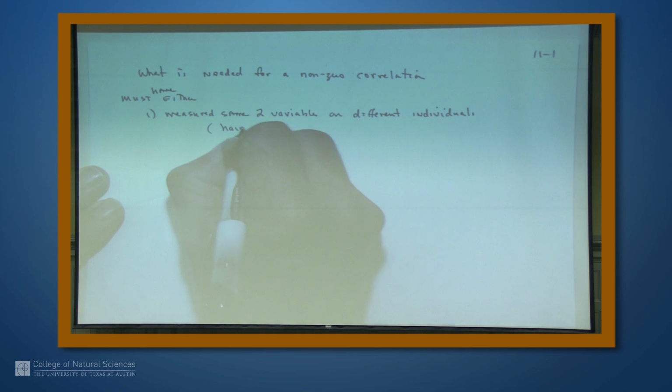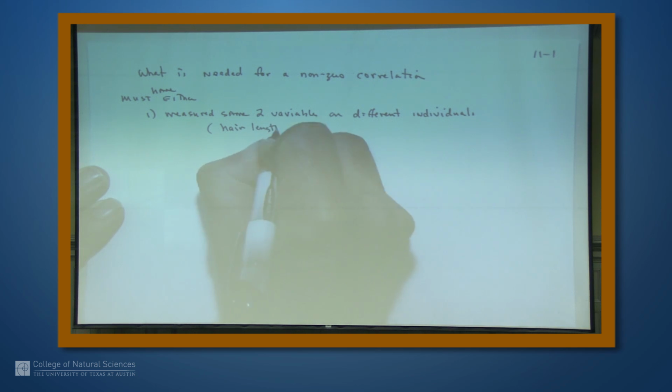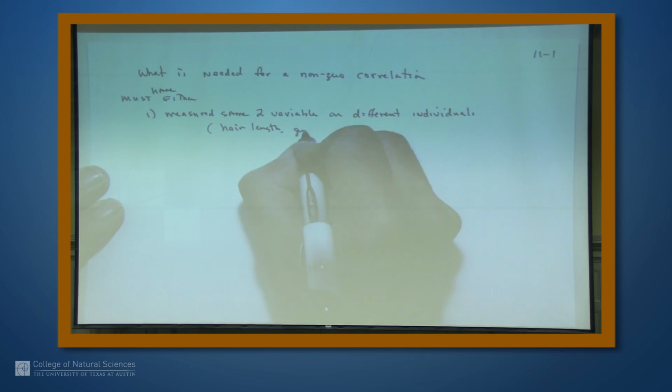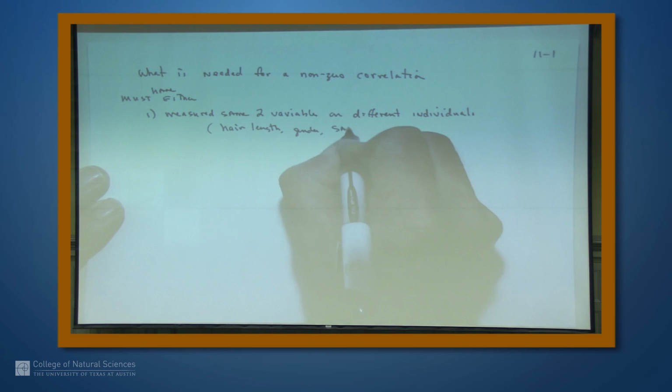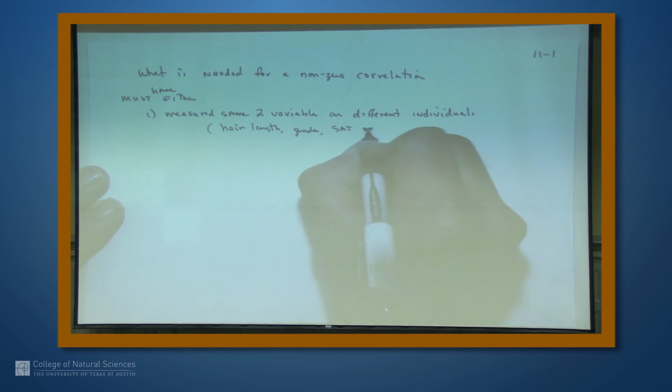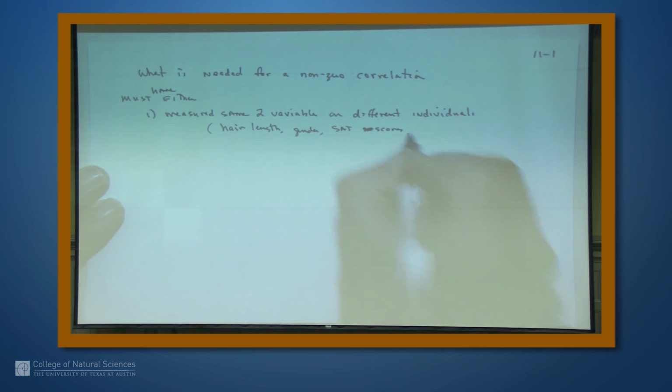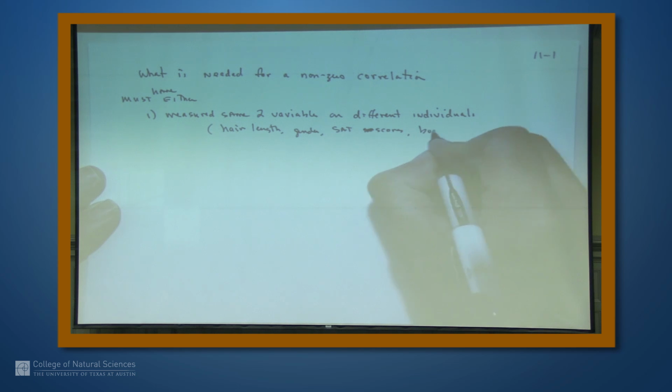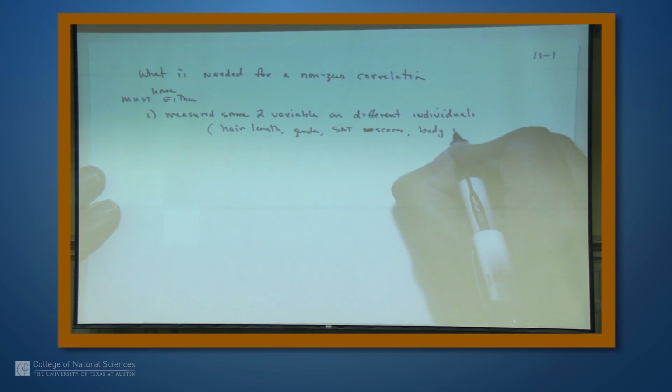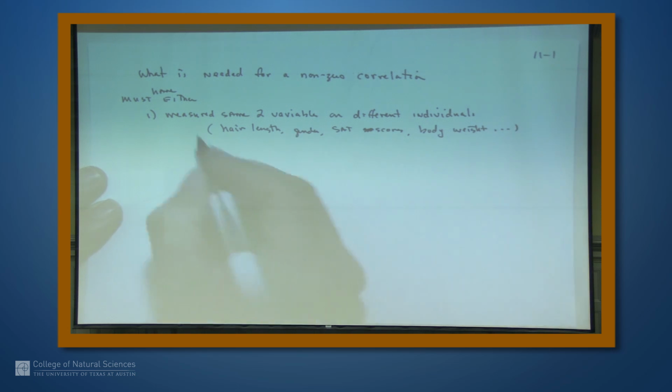Examples could be hair length as one variable, gender is a variable, SAT score would be a variable, assuming that, of course, individuals in your population do indeed differ. Body weight, you know, each of those could be variables.